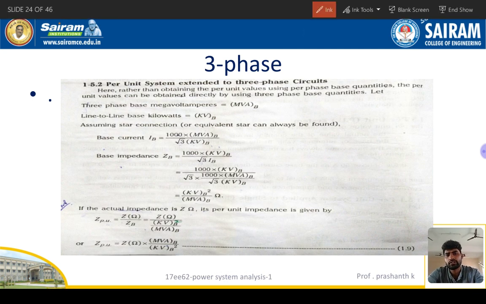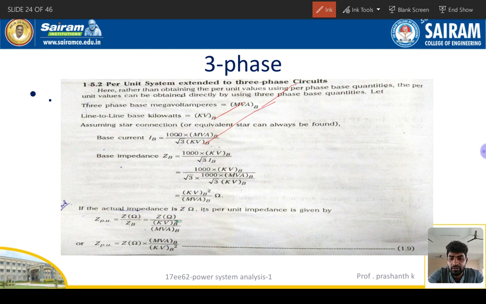Next, for three phase, the per unit system extends to three phase also, but we convert three phase to single phase. MVAB and kVB are as in single phase. The base current IB is equal to power by V, so MVAB by root 3 kVB, whether it is star or delta.